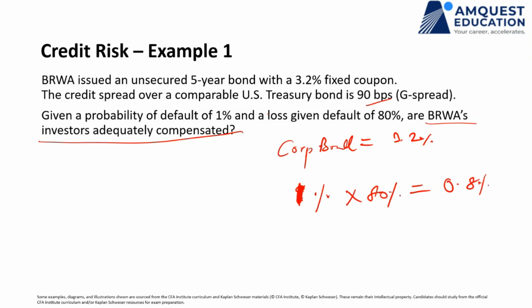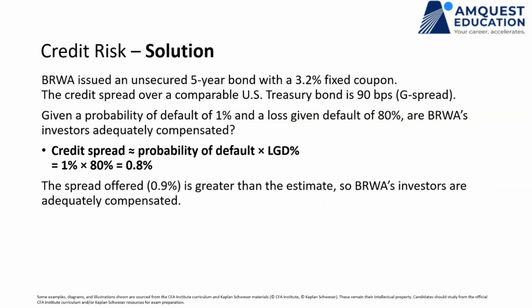So answer the second part of the question. The first one I've done for you. Are BRWA's investors adequately compensated if the credit spread is 0.8%? You have all the numbers on your screen.